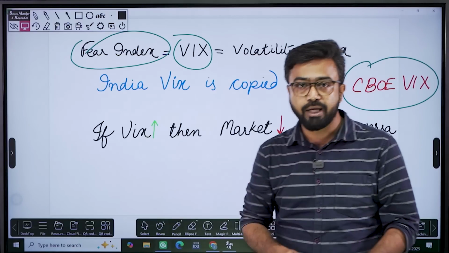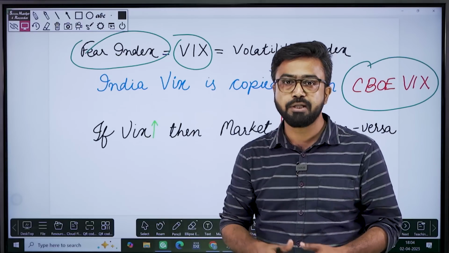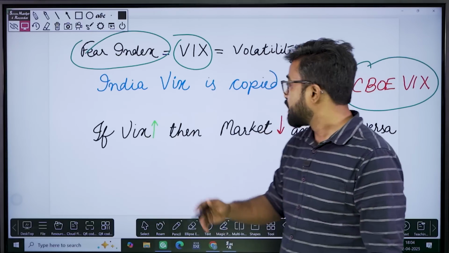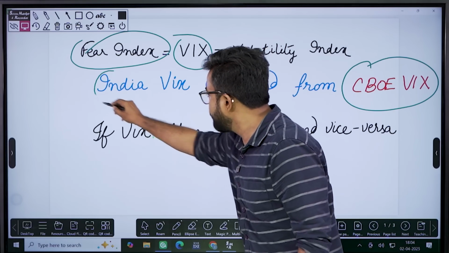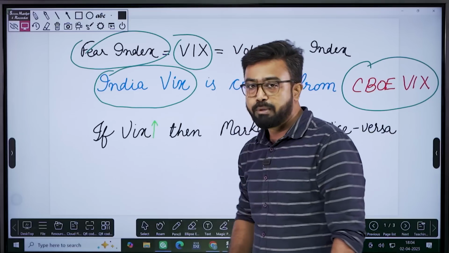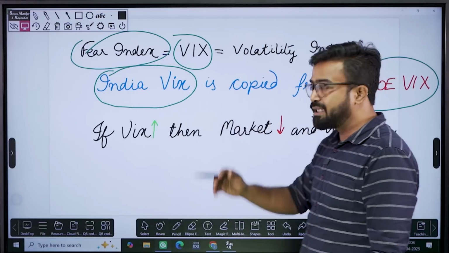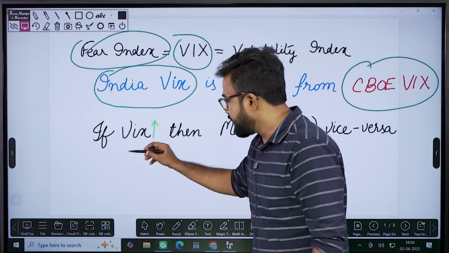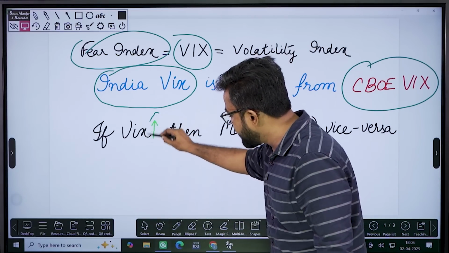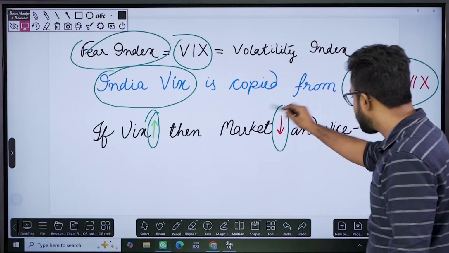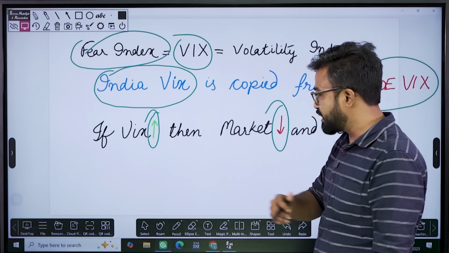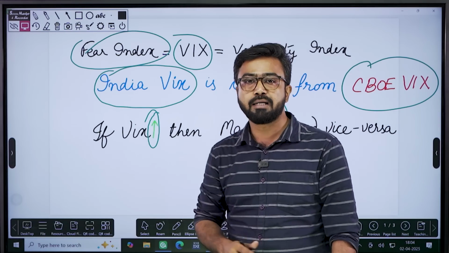From that VIX, the National Stock Exchange took the license and constructed India VIX. Perfect. So there is a thumb rule in VIX: when VIX rises, the market falls, and vice versa. That means when VIX falls, the market rises.